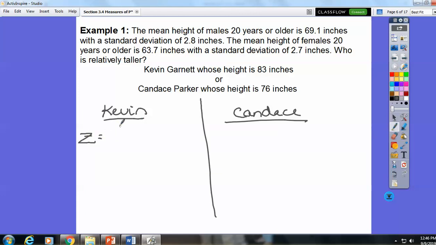So our z is your x, that's your value. How tall is Ken? Minus the mean. What is the mean height for the males? Divided by the standard deviation. Standard deviation for the males was 2.8.